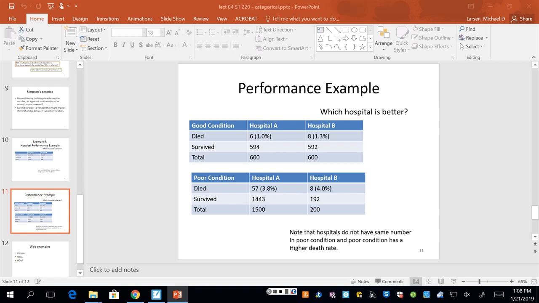It often takes a couple sentences because the hospitals have to have a different patient case mix, and within each of those, the good condition and the poor condition, there are different survival rates. If the survival rate didn't depend on that, we wouldn't see that reversal. Everything would just be kind of aggregated up. But because there's this extra difference in the proportions, you get more of an effect.